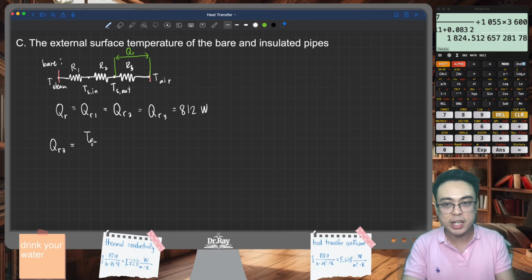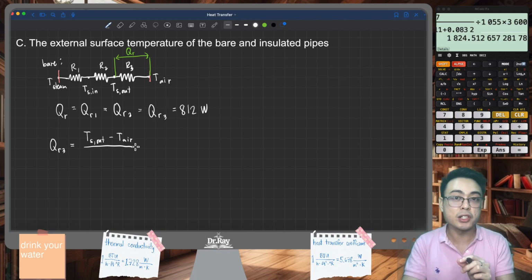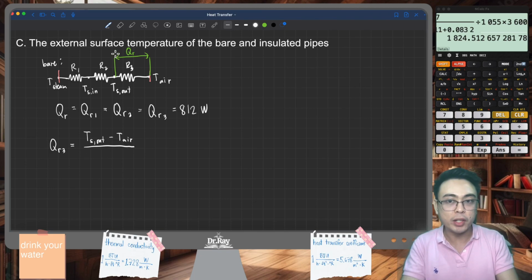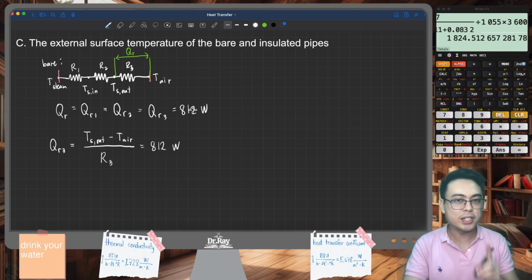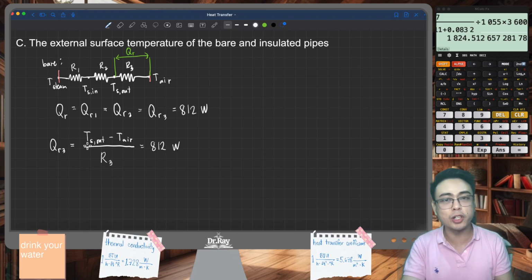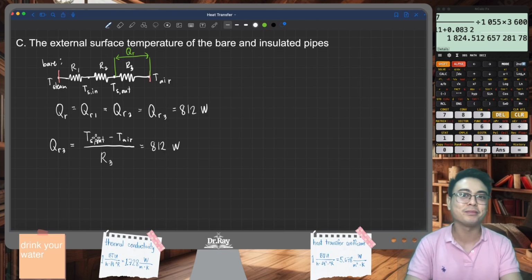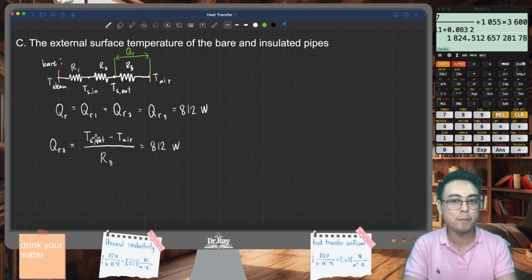That becomes TS out minus T air divided by the only resistance that you passed through between these two green lines, and we only passed through R3. And this is equal to 812 watts. This is how we are going to solve the external surface temperature of the pipe. That's the beauty again of resistances in series. The rate of heat transfer is constant all throughout.